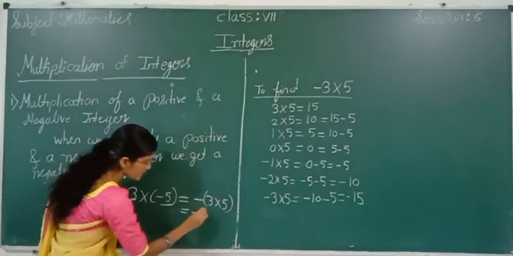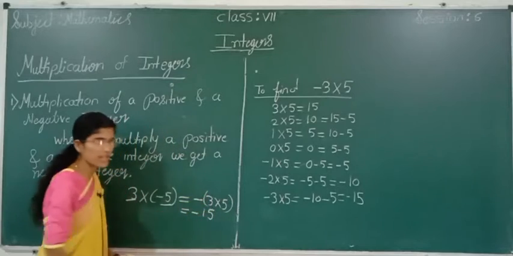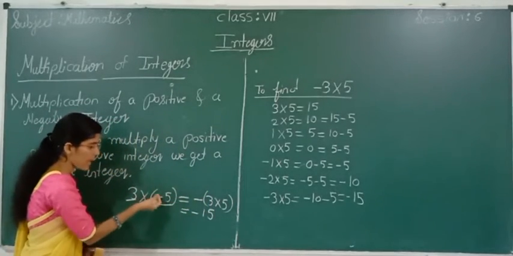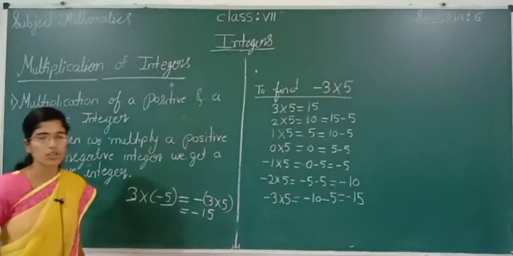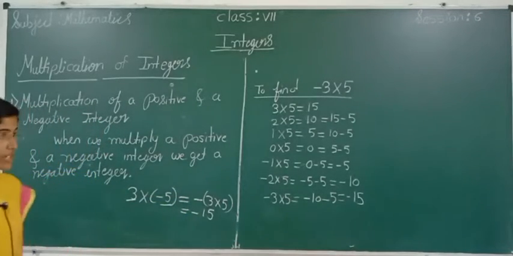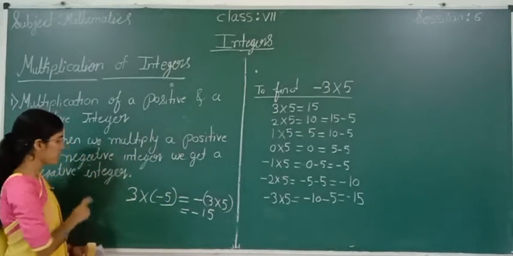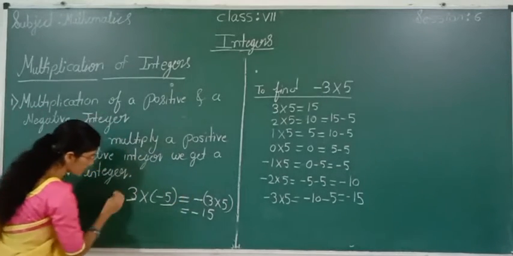Minus 5 3s is 15. So multiply the whole numbers and keep the minus sign before the product. What we learnt here: when we multiply a positive and a negative integer, we get a negative integer.